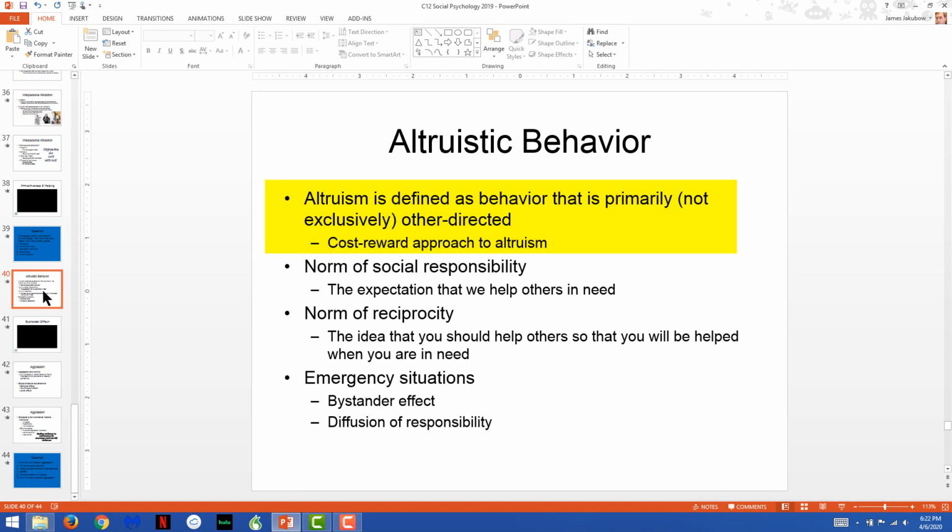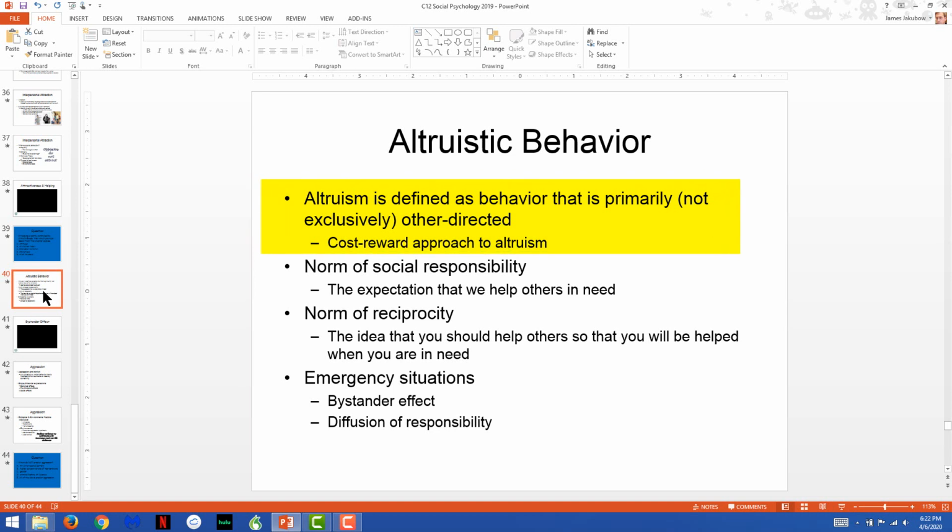But those are the only possibilities that would maintain behavior over a long period of time. So if we look at this in terms of modern psychology, altruism is a time during which you help somebody, which you will get some benefit from, but most of the helping is probably directed toward the other individual.